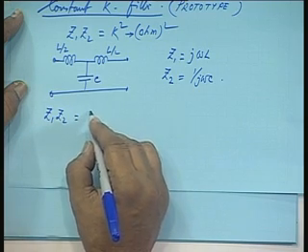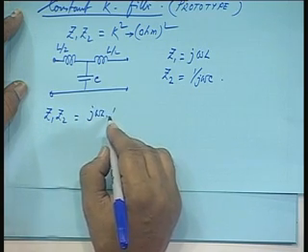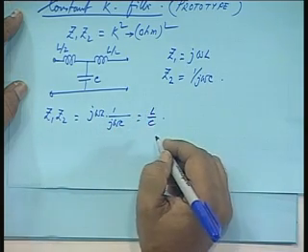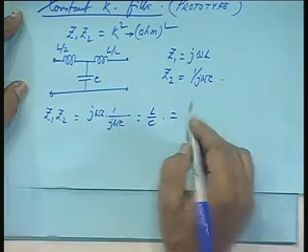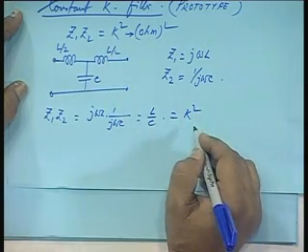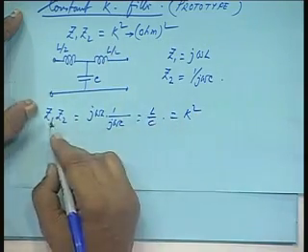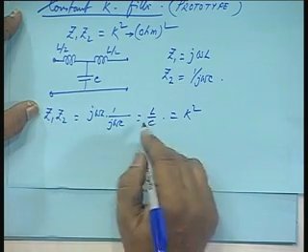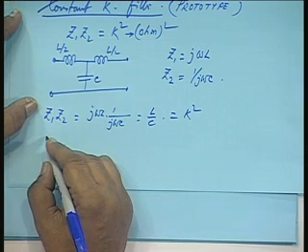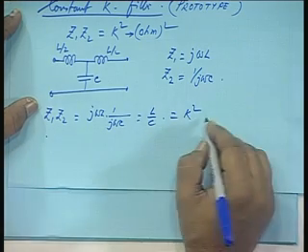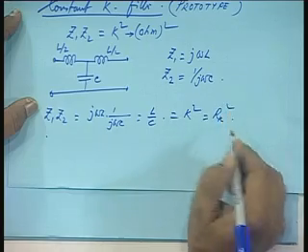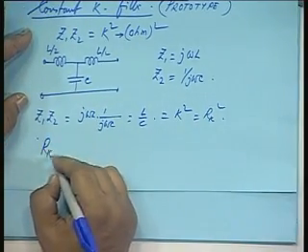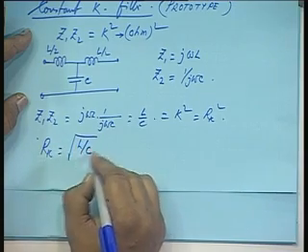It will be j omega L into 1 by j omega C, and that is equal to L by C, and that is equal to k squared. So, this product is constant and resistive, there is no j involved. So, you can write k squared as R k squared, where R k is the resistance whose value will be root over of L by C.